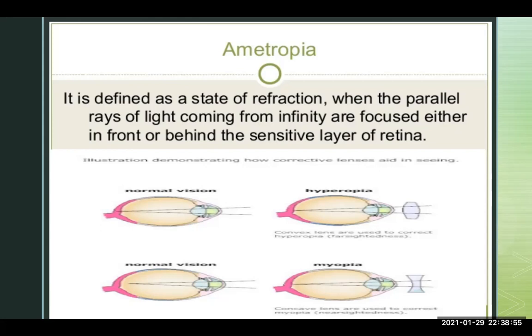We said that emmetropia is the normal vision. The light rays come to a sharp focus onto the macula, or onto the sensitive part of the retina. But ametropia is defined as a disorder of this process, when the focus comes to a point in front of or behind the sensitive part of the retina.